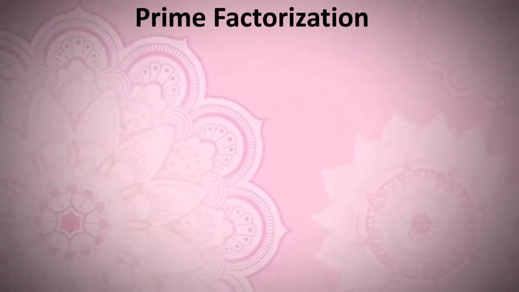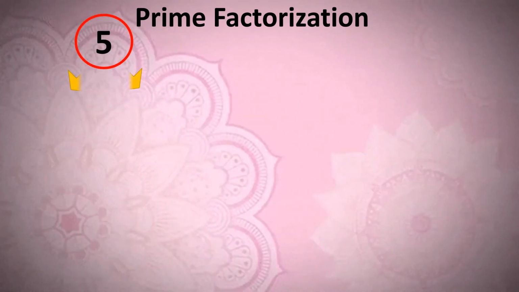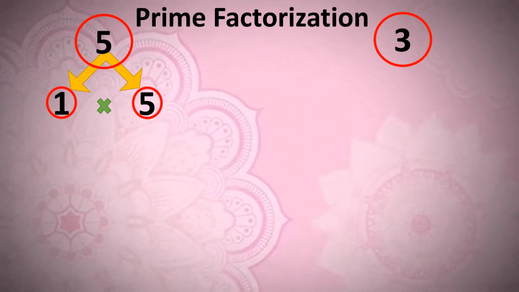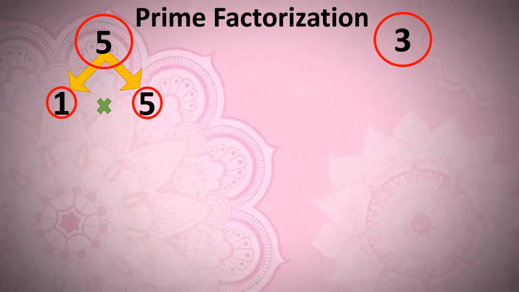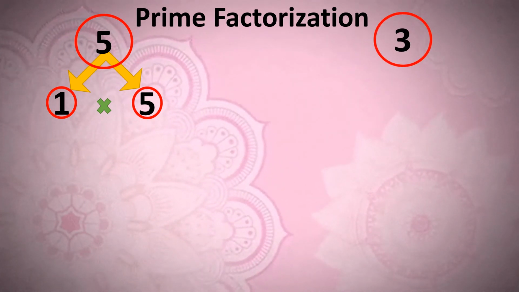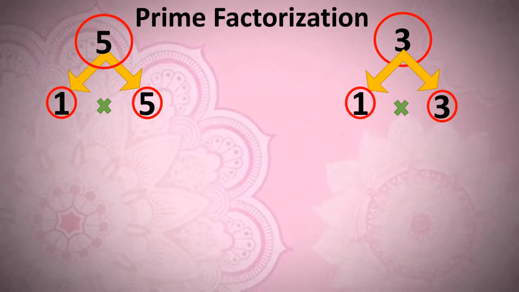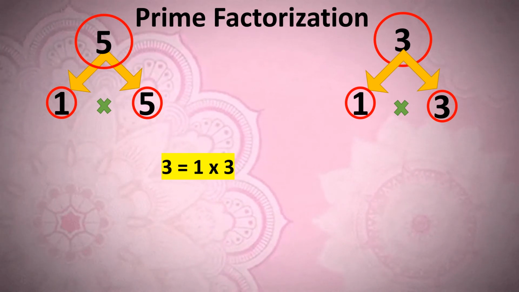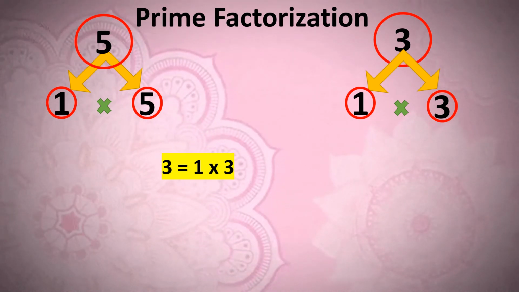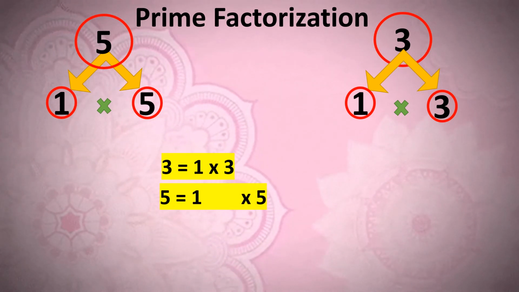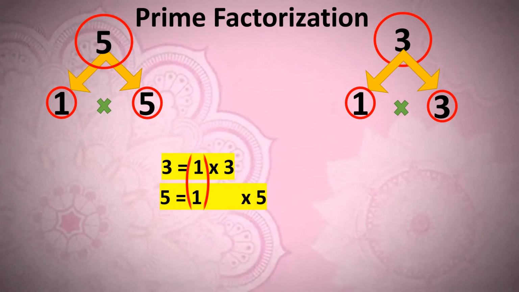By using prime factorization, we have 5 and 3. By factoring out 5, we have 1 times 5. By factoring out 3, we have 1 times 3. By listing the factors of 3 and 5, we have 3 is equal to 1 times 3 and 5 is equal to 1 times 5.